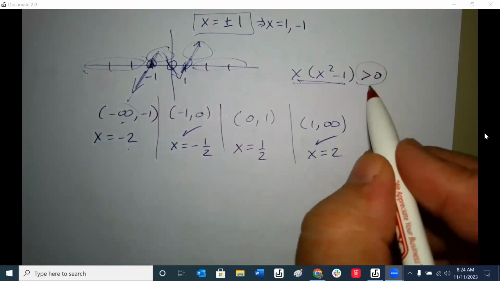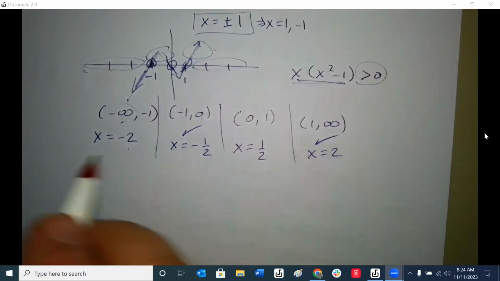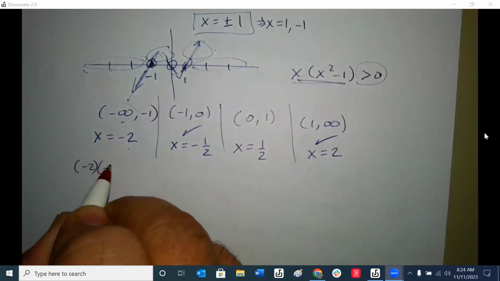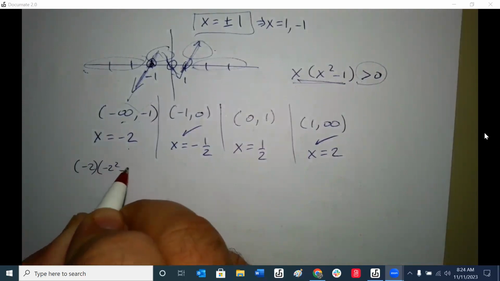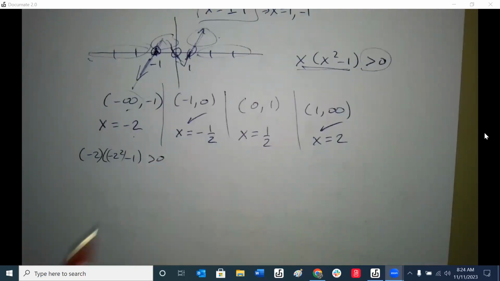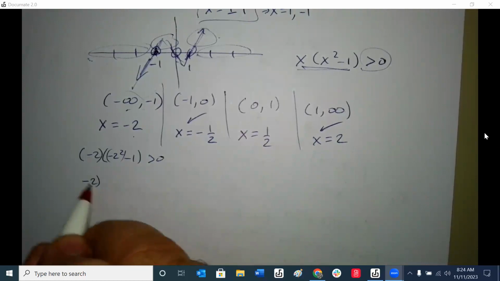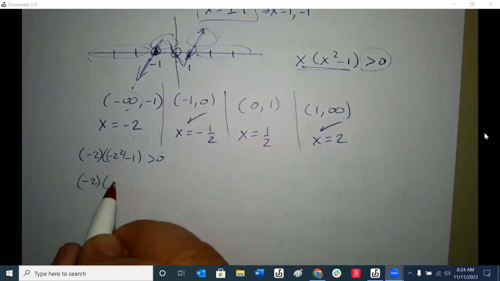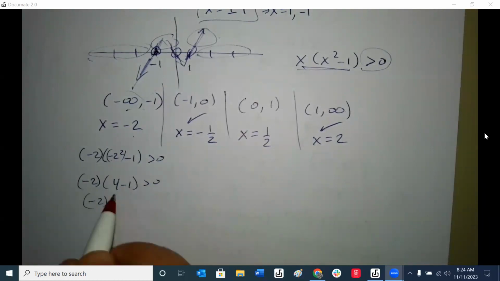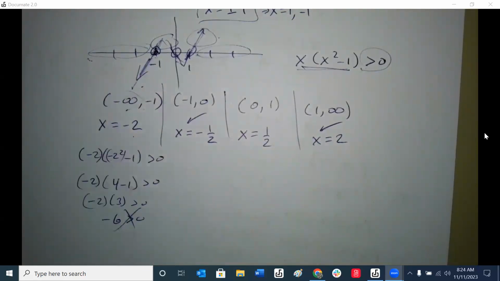I only want to see which ones have a positive answer. So negative 2 times, squared minus 1. Is that positive? Negative 2 squared is 4 minus 1. This is negative 6, and that's not greater than 0. So again, I knew that was going to fail.